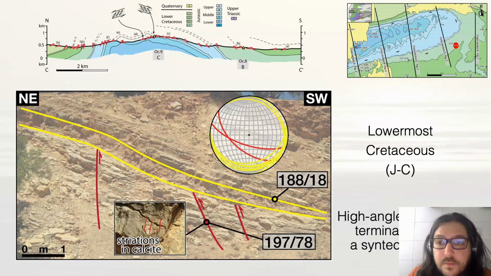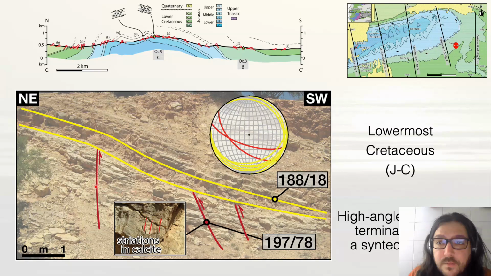Another structural observation that we found in the lowermost Cretaceous limestones is located here, around 5 kilometers away from cross-section C. And what we see there is a series of high-angle reverse faults that are dipping towards the south-southwest and terminate against this overlying wedge of rock that is about 30 meters long and narrows towards the south.